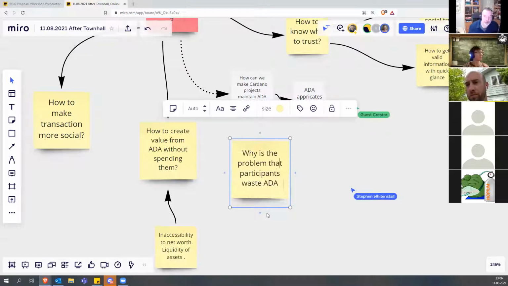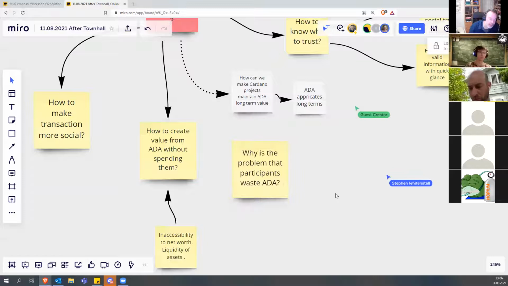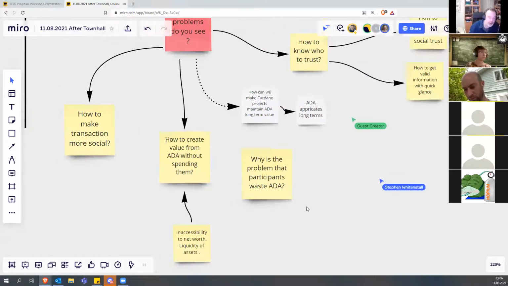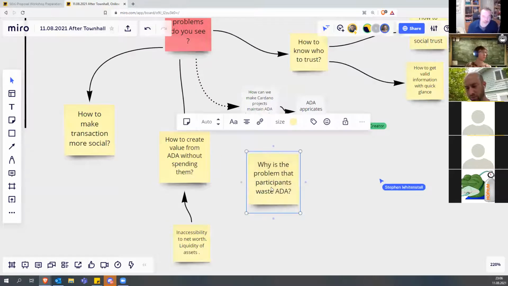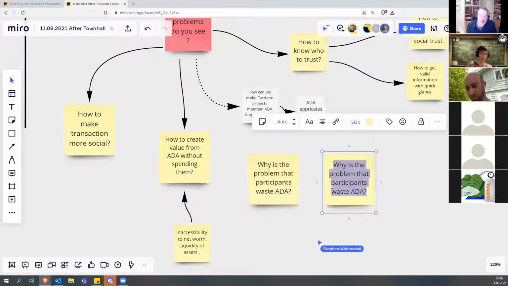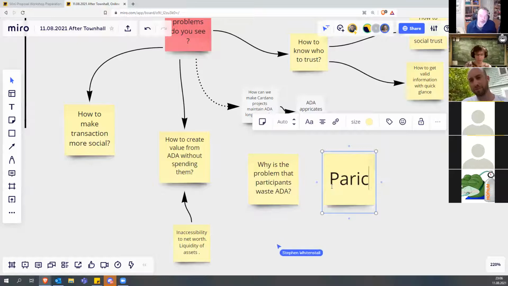So Tevo, the problem is that people holding ADA without spending it is making it not liquid. It's not taking advantage of its liquidity potential. So the problem is participants holding the ADA.